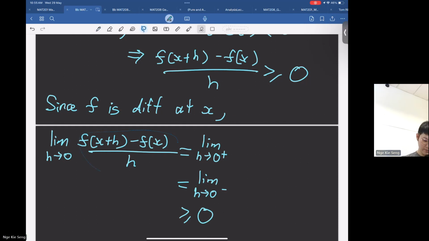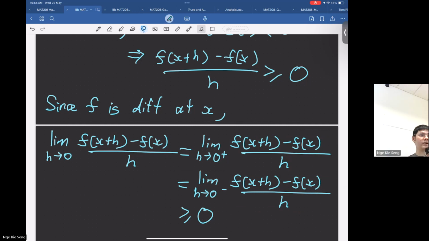Okay or not? Okay. So if both of them are 0, then the original one has to be 0. If both of them are strictly greater than 0, then the original one also has to be strictly greater than 0. So the three of them have to be the same if it is differentiable.